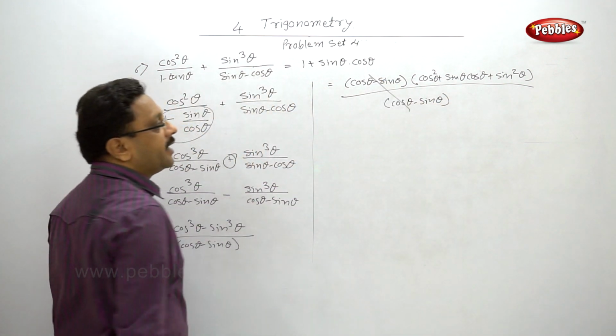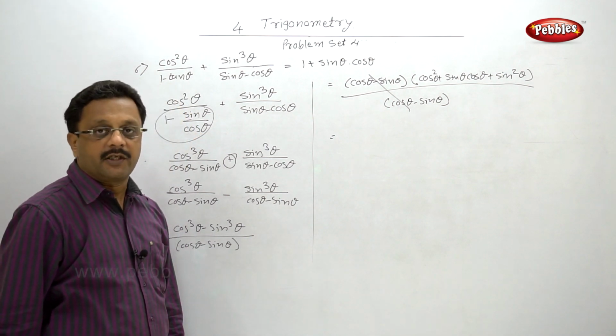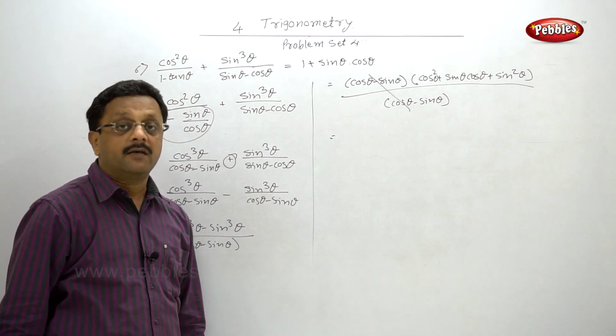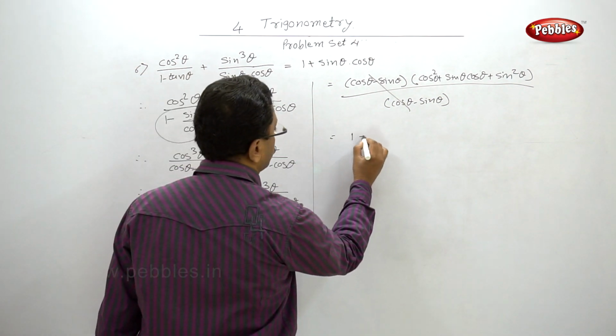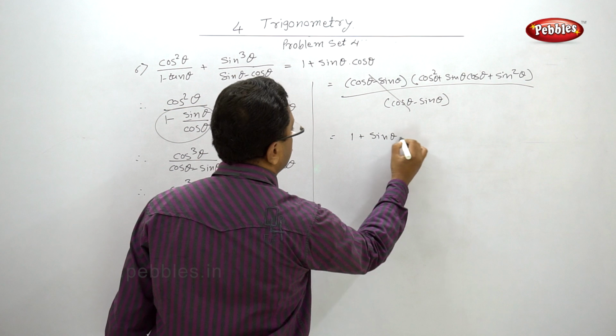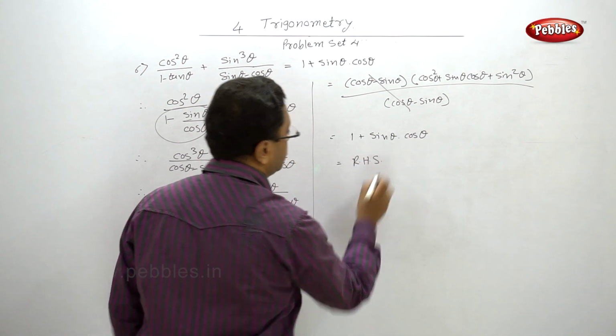Now these two will get cancelled. In this we know that cos square theta plus sin square theta is equal to 1 by the identity. So it will be 1 plus sin theta into cos theta, which is equal to your right hand side.